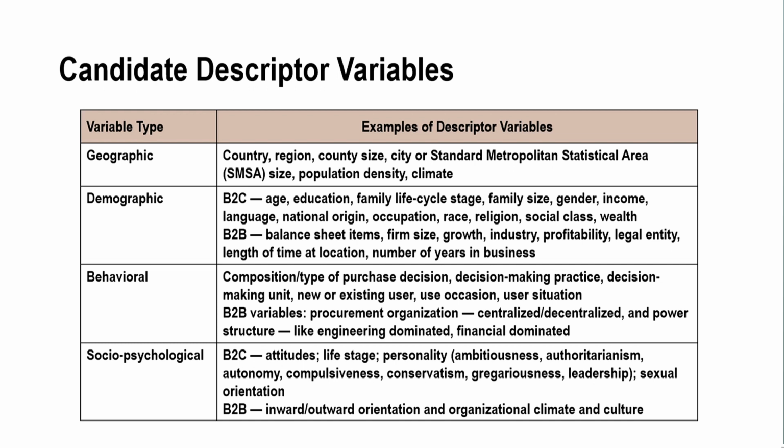Then we have demographic variables. In B2C, demographic variables are age, education, family size, gender, income, etc. Whereas in case of B2B, demographic will be balance sheet type and size, the size of the company, the growth prospect, the industry, the profitability, the length of time at a particular location, number of years in business.